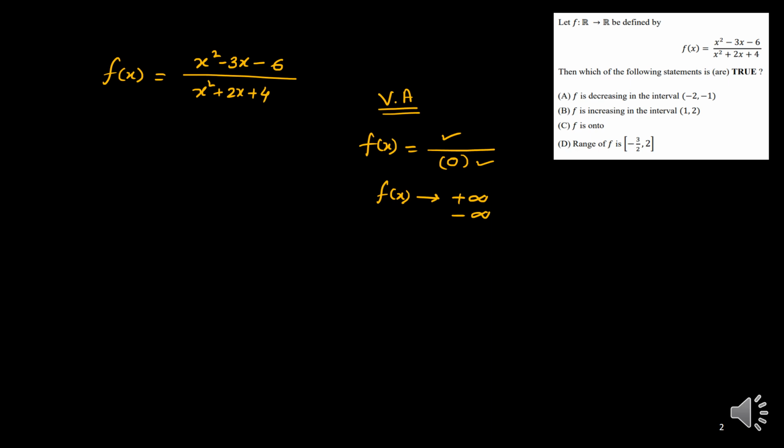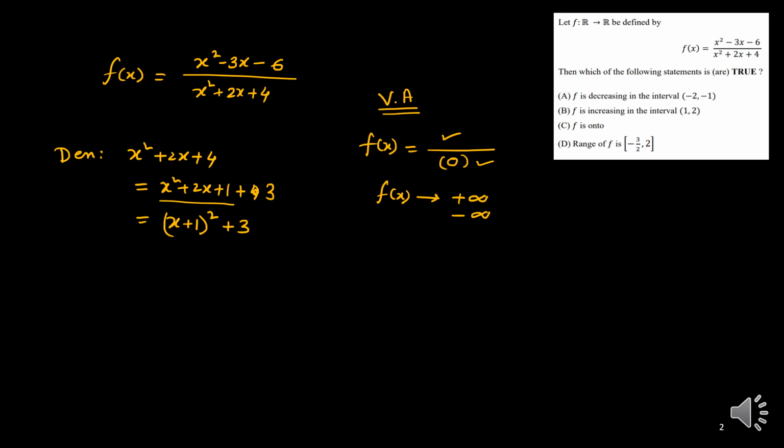Now here, what is the denominator? The numerator is this one. The denominator is x square plus 2x plus 4. Now this we can rewrite as x square plus 2x plus 1 plus 3, since 4 is 1 plus 3. So this is simply x plus 1 whole square plus 3.